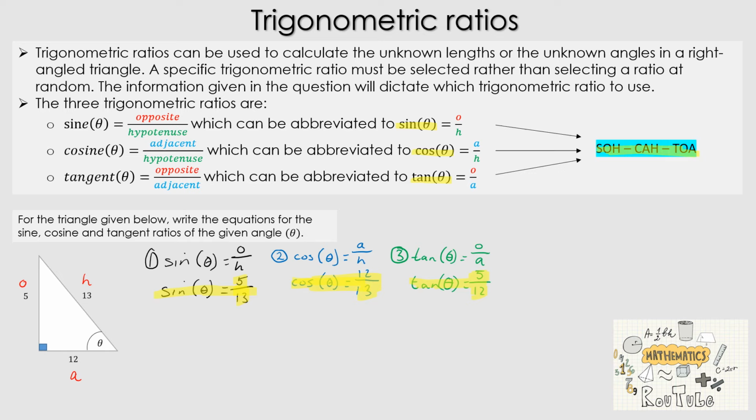So label first, and then you can work out your ratios depending on the information given in the question. In this example, we were given all three sides. You probably won't be given too many questions like that, but because we're starting off with trigonometry, we're given a lot more information than we would normally, just to get you familiar with using the ratios and substituting the values into those ratios.